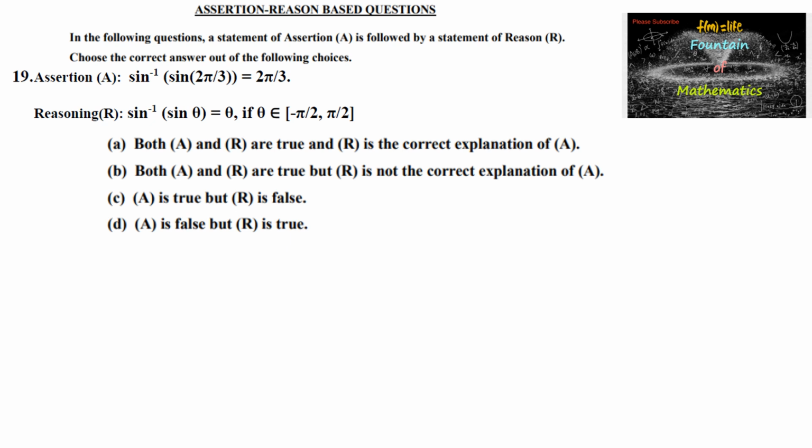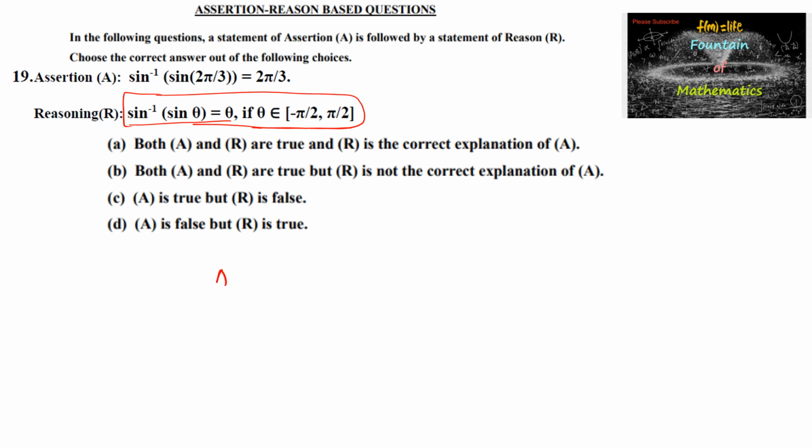Assertion and reason based question. Assertion given: sine inverse of sine 2 pi by 3 is equal to 2 pi by 3. The reason given: sine inverse of sine theta is equal to theta if theta belongs to minus pi by 2 to plus pi by 2. So this is a correct statement. Sine inverse of sine theta is equal to theta when theta belongs to the principal value range, that is minus pi by 2 to plus pi by 2.